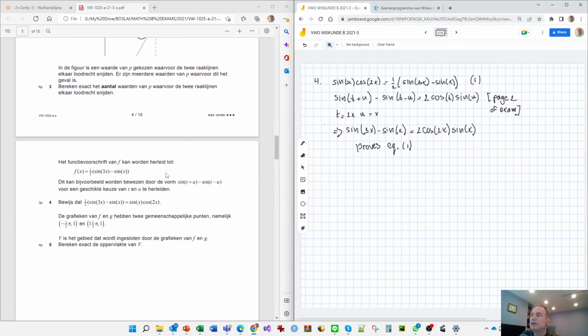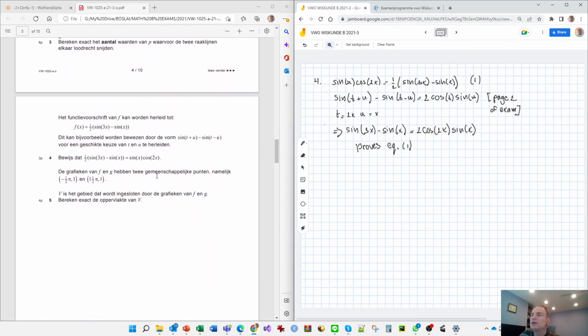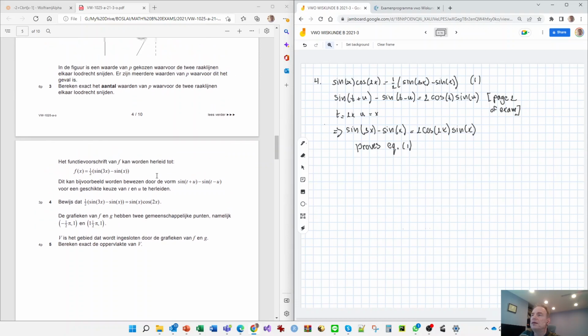Question 4. We can rewrite f in this form. And this can, for example, be done by writing this for a suitable choice of t and u.